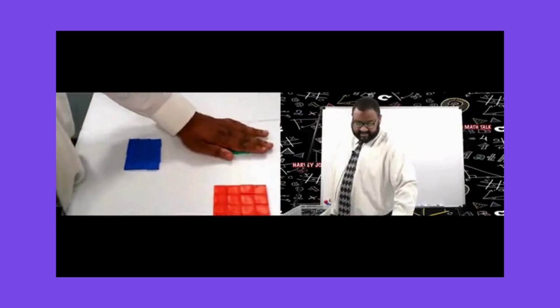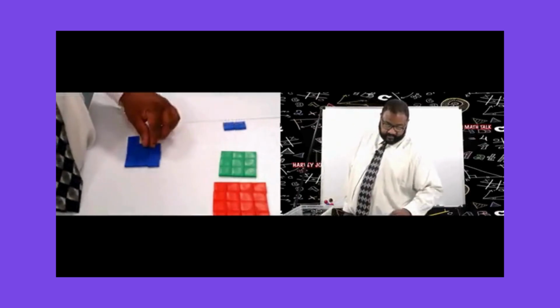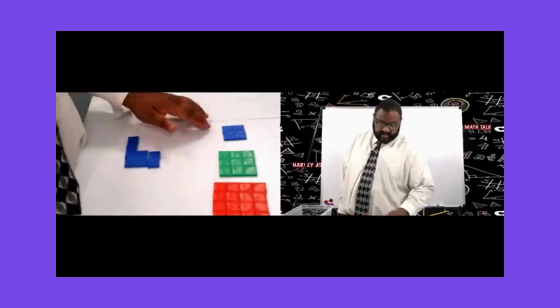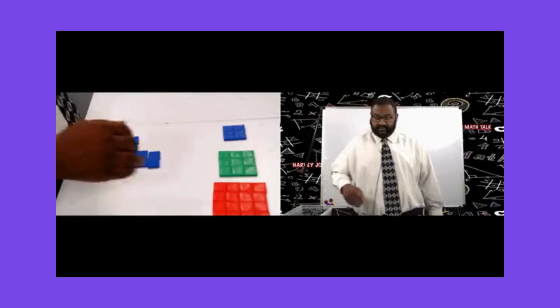So let me see, can I slide this over here? I'm going to slide this over here, because these are the two that they showed in the book. But of course, with a perfect square, we can do a 2 by 2. And if we do a 2 by 2, that's going to give us a total of 4.